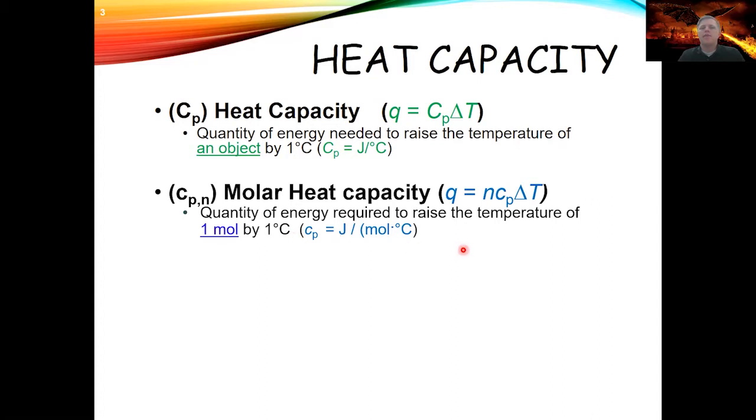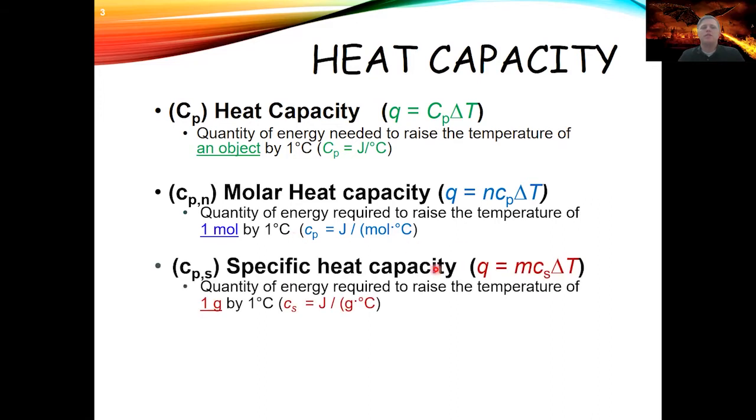Now the last type of heat capacity we use is what's called the specific heat capacity. This is the quantity of energy needed to raise the temperature of 1 gram by 1 degree Celsius. This heat capacity has a lowercase s in its subscript as well. So in this case, the equation for heat is Q equals m, which is the mass, times the specific heat capacity times delta T, right?